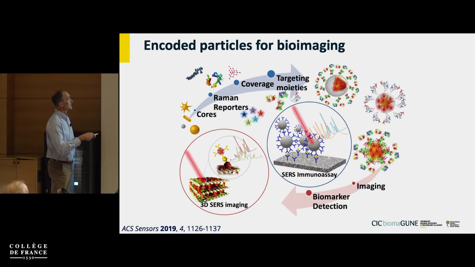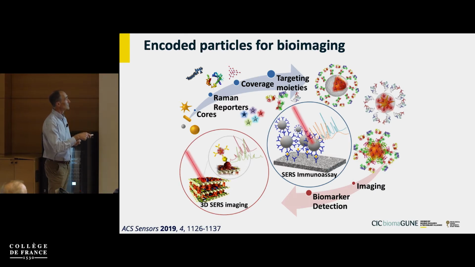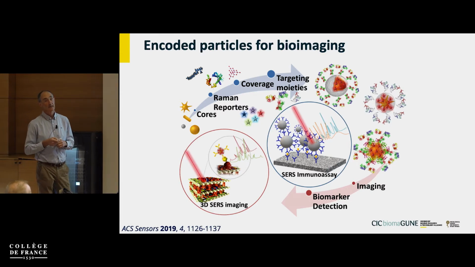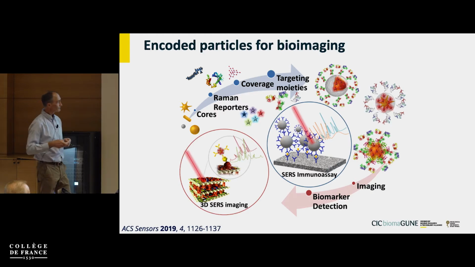And so this will come tomorrow. This is one of the projects that we are trying to do, labeling cells, culturing them in 3D, and trying to do confocal Raman to study biological processes in a system that tries to reproduce a human body.